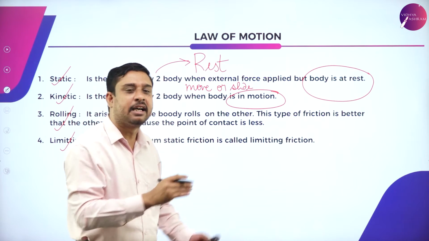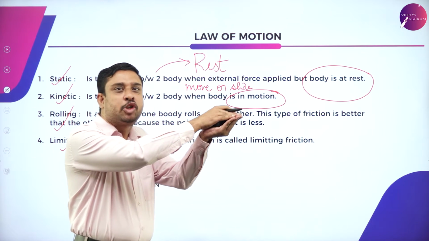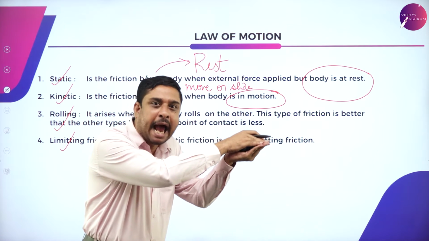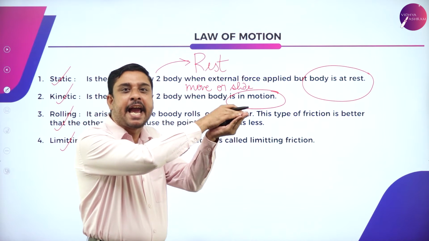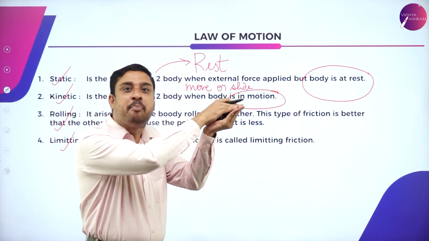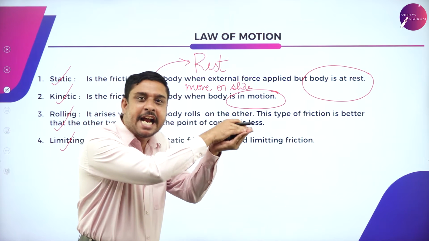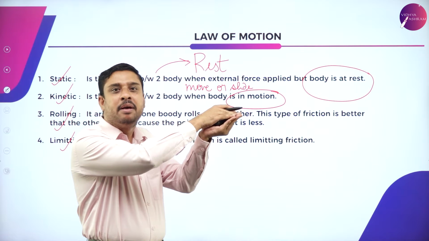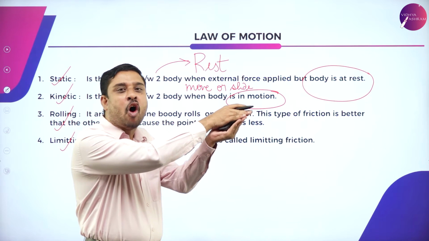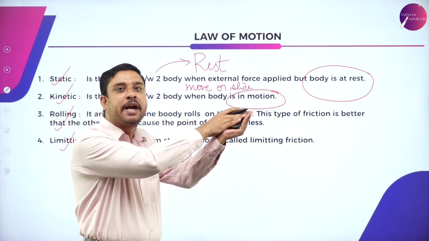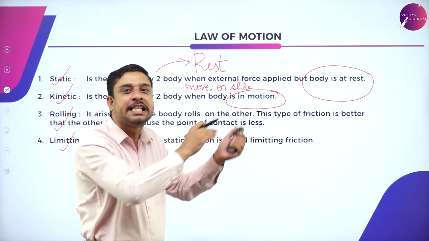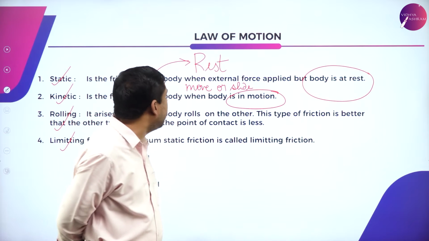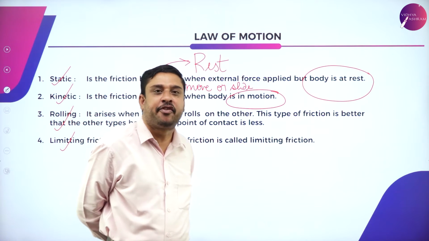Again, the two surfaces are in contact and oppose the relative motion of each other, but they slide or move with respect to each other. Such friction is kinetic friction.